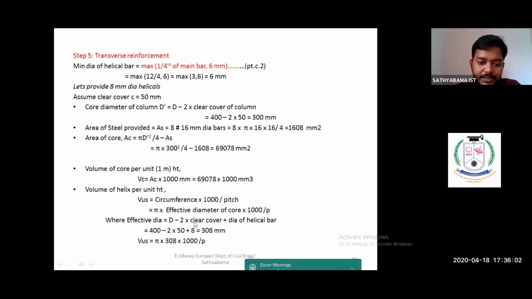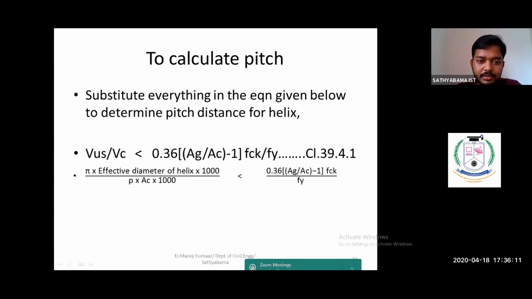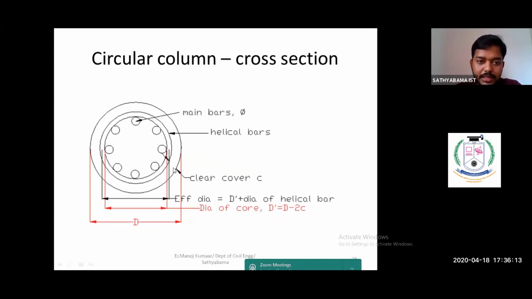Effective diameter is D minus 2 into clear cover plus diameter of helical bar, as we saw in that diagram, effective diameter, that is from one center of the helical bar to the other center of the helical bar.